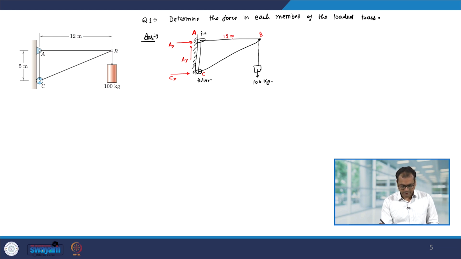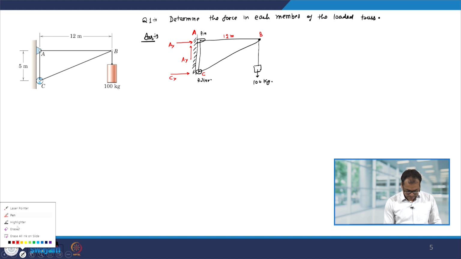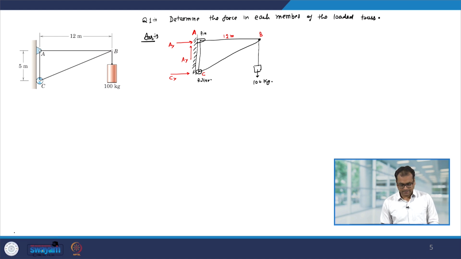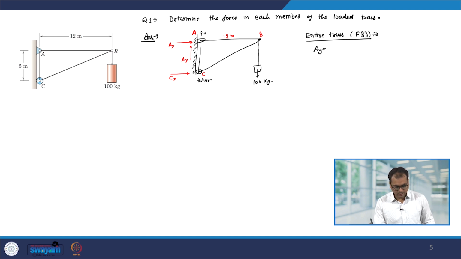This is 12 meter, and as I said, to analyze this, let us first consider the entire truss, and we are looking at the free body diagram. Let us apply the force equation summation Fy equal to 0. Clearly you can see you get Ay equal to 100 times g. Let us call it equation number 1.